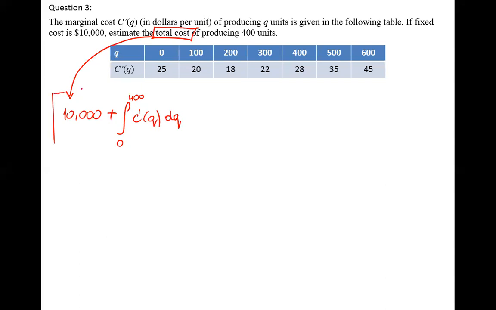That's the formula that we have to work on. Fixed cost again, and the total variable cost, the total change in the function if the marginal cost is given. We have to estimate this.